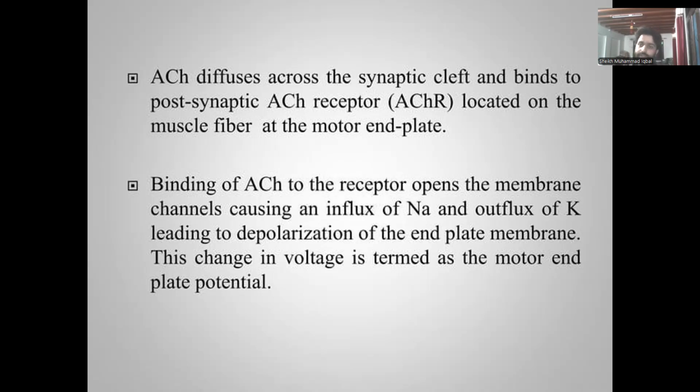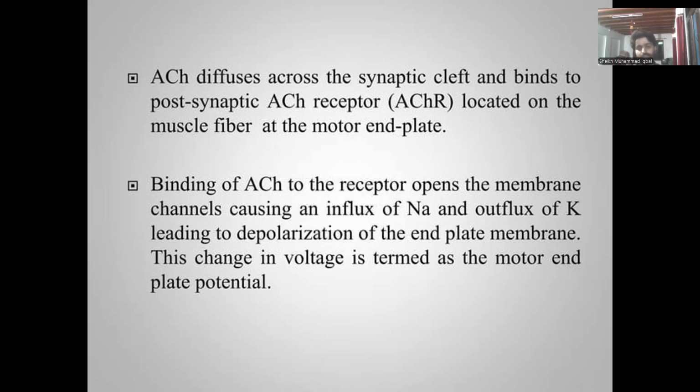Now, once the acetylcholine binds to the receptor, it will open the membrane channels, followed by the subsequent influx of sodium and outflux of potassium. And this is what a simple sodium potassium pump does within a neuronal membrane.